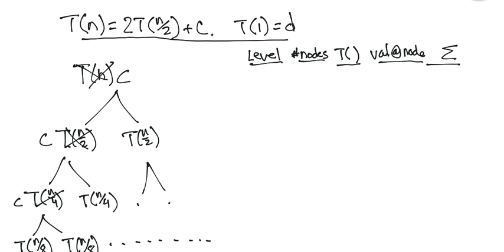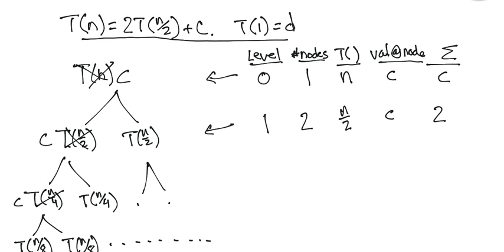So at level 0, there's one node, we're taking T of n, the value at that node is just c, and the total is c then. But at level 1, there are 2 nodes, we're taking T of n over 2. The value again at each node is just c, and the sum is 2c. At level 2, we've got 4 nodes. We're taking T of n over 4.